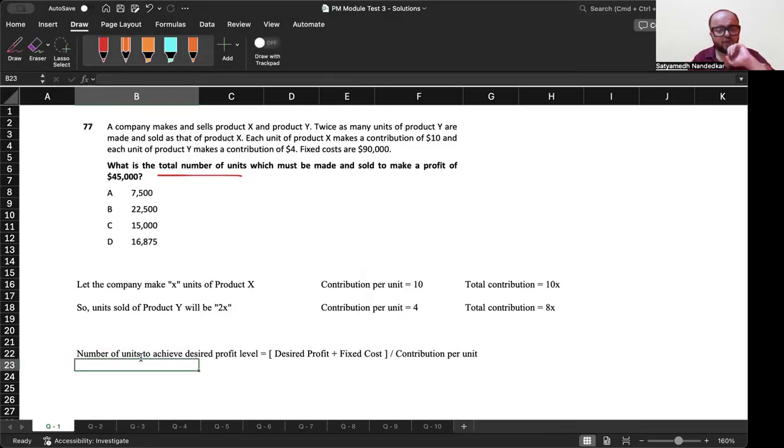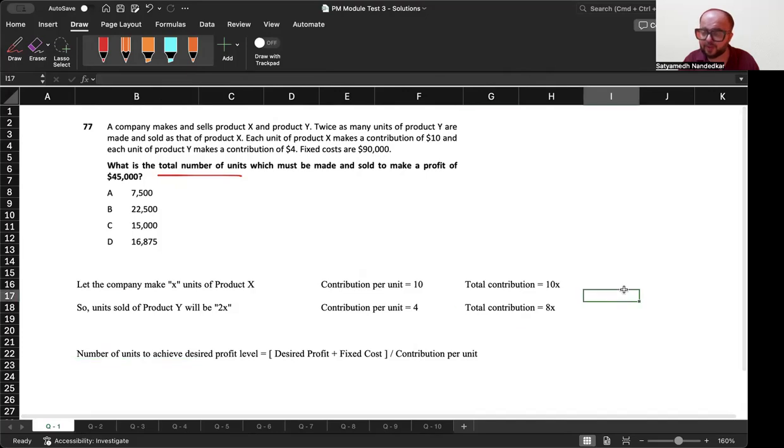Now here, if you observe carefully, you don't have a typical situation of just one product. You have a situation where you have X units of X and 2X units of Y. Okay, so the question is how do you get contribution per unit? Now here total contribution is 10x. Here total contribution is 8x.